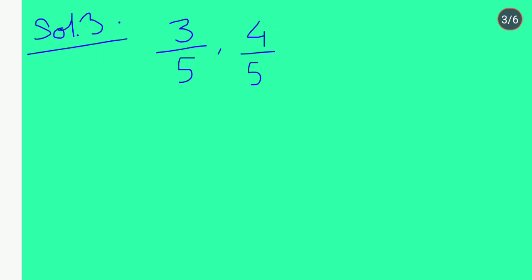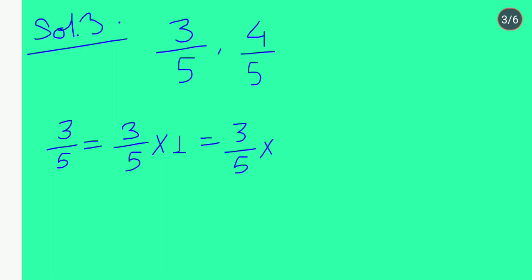So you can write 3 by 5 is equal to 3 by 5 multiplied by 1, that can be written in the form of 3 by 5 multiplied by 10 by 10. So you can write 3 into 10 is equal to 30 and 5 into 10 is equal to 50.